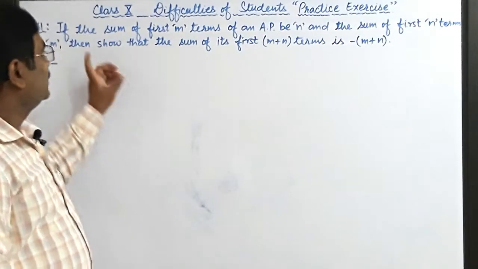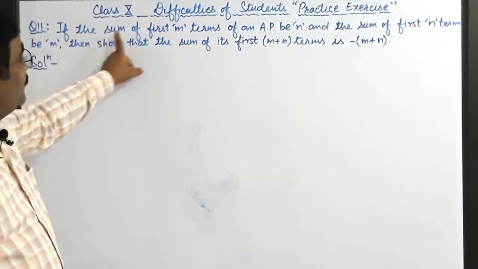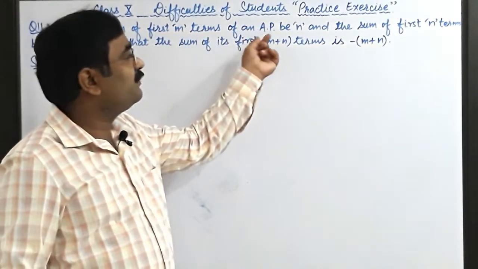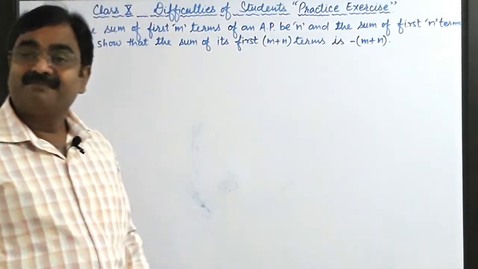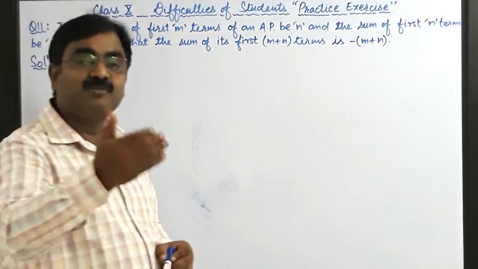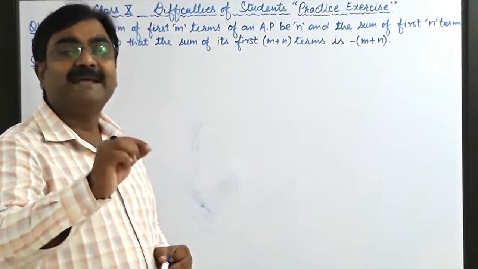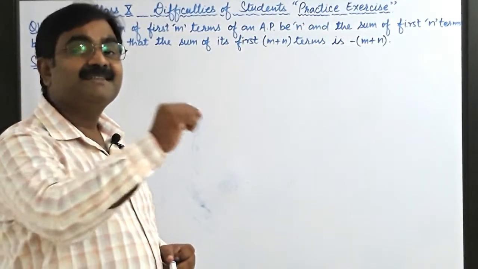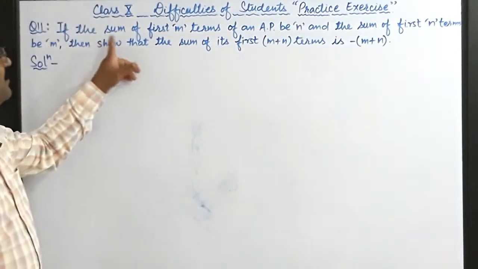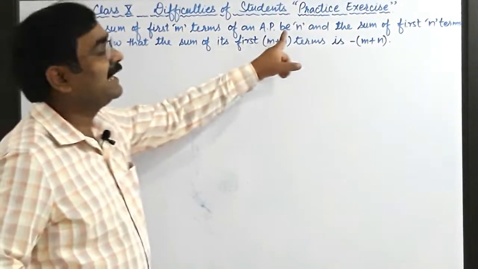Let us see. In the question it is given, if the sum of first m terms of an AP be n. Just as we understood earlier with the formula for the sum of first n terms, that is Sn, here the sum of first m terms is n.